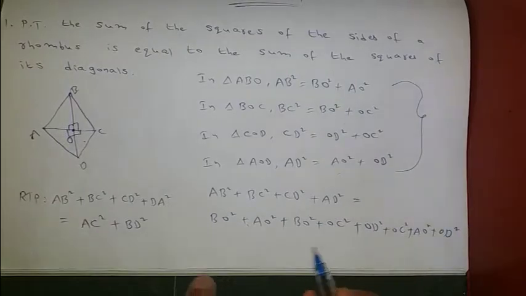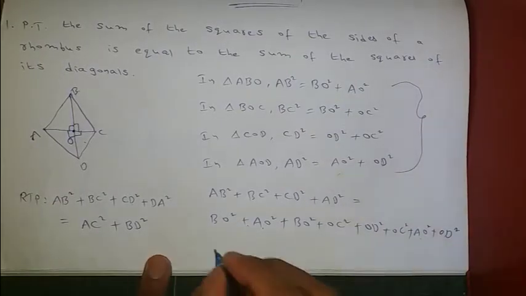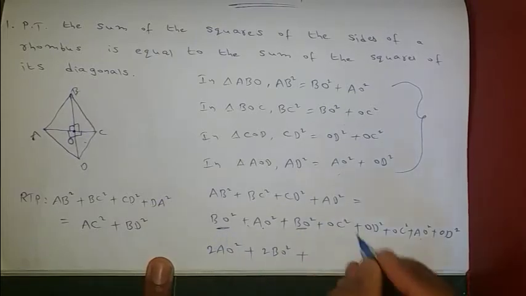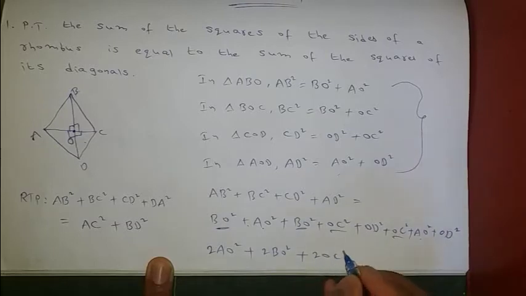Okay, now if you observe, AO square plus AO square is 2AO square, plus BO square plus BO square is 2BO square, plus OC square plus OC square is 2OC square, plus OD square plus OD square is 2 times OD square.